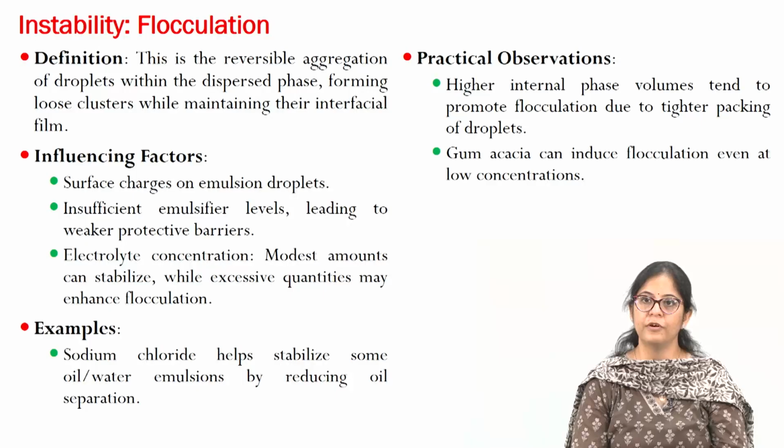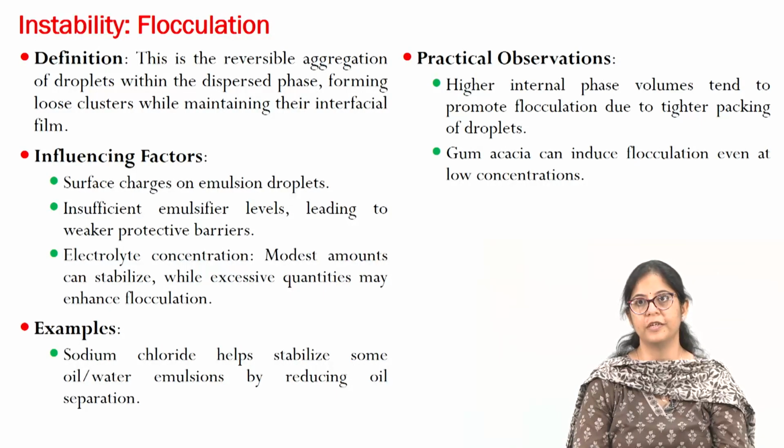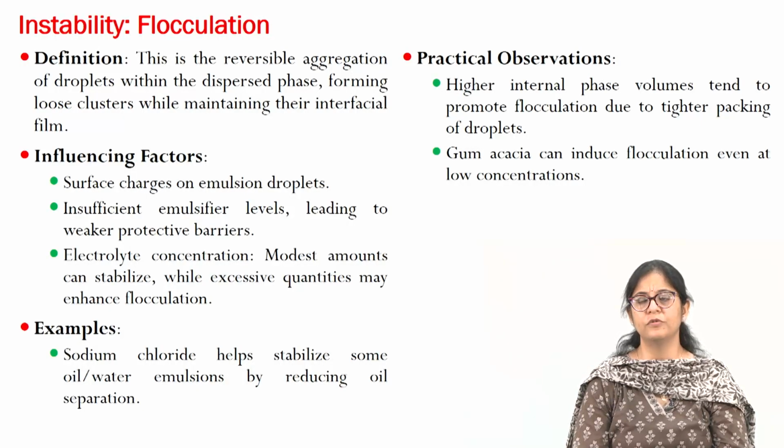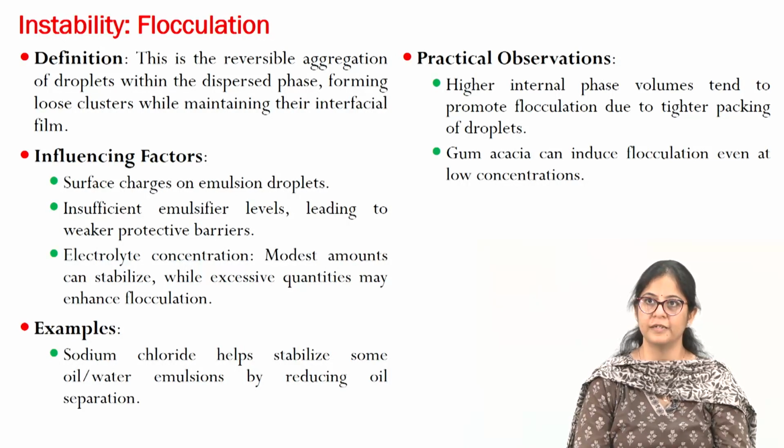Example, sodium chloride helps stabilize some oil and water emulsions by reducing the oil separation. However, higher internal phase volumes tend to promote flocculation due to tighter packing of the droplets. Gum acacia can induce flocculation even at low concentrations. Despite taking all these precautions, the flocculation can still happen.